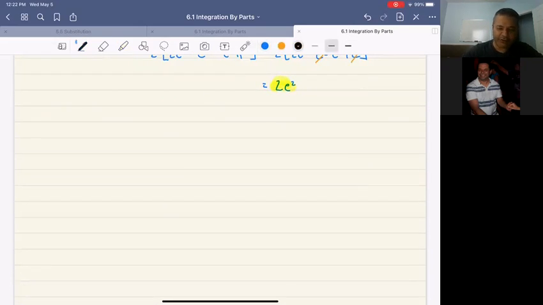Next, we're going to get into what are called reduction formulas. So let's look at these reduction formulas. These are actually in the book as a problem, but I'm going to go ahead and show you how one of them is done.